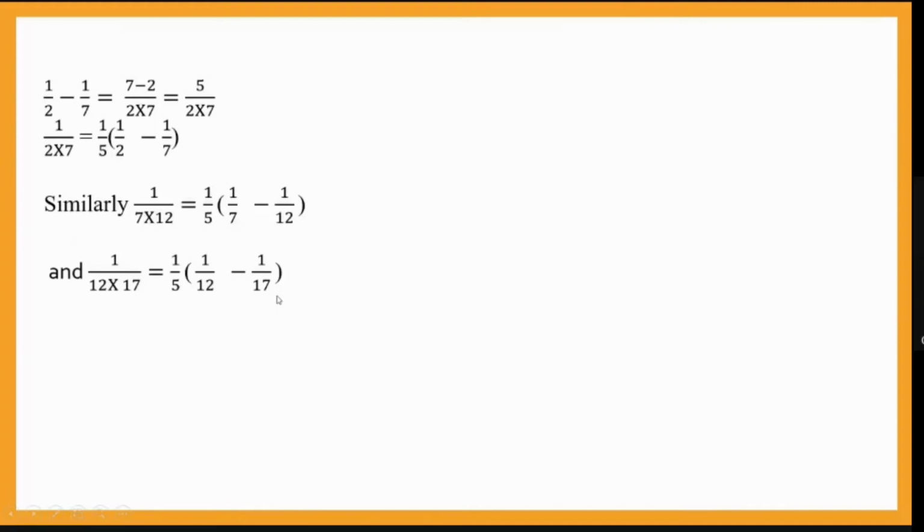Now once I have got this, I go to the last term, 1/(252×257), and it can be written as (1/5)(1/252 − 1/257).